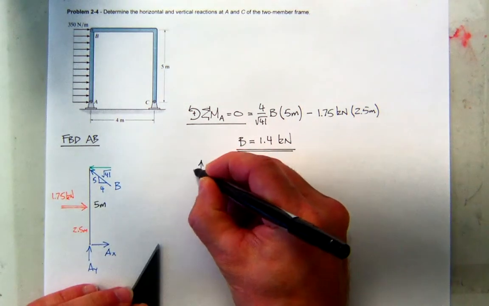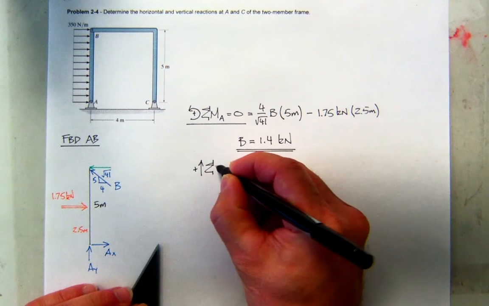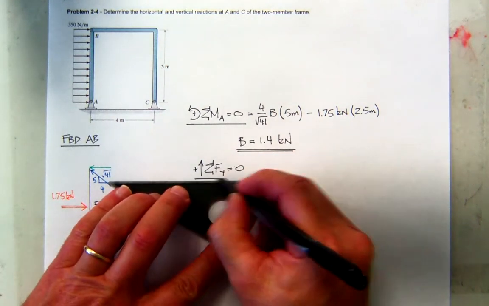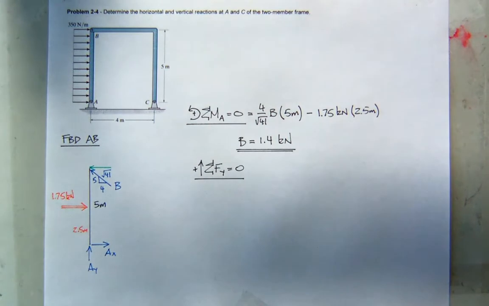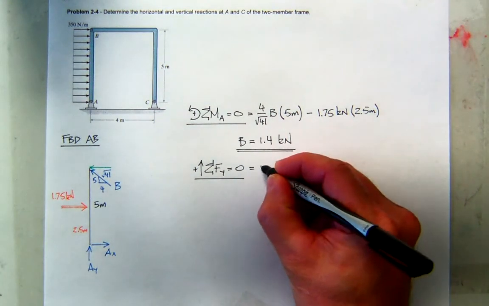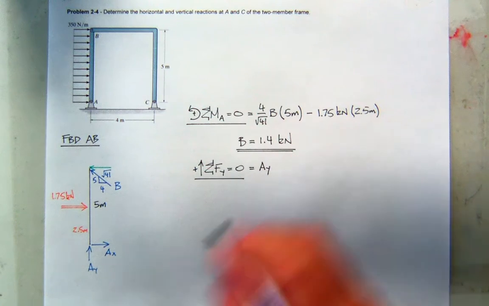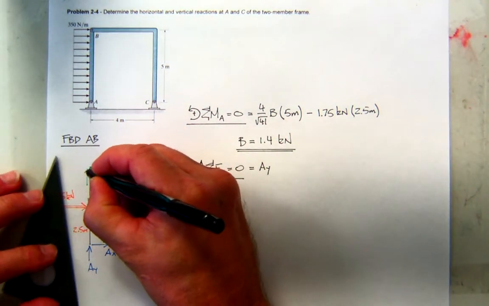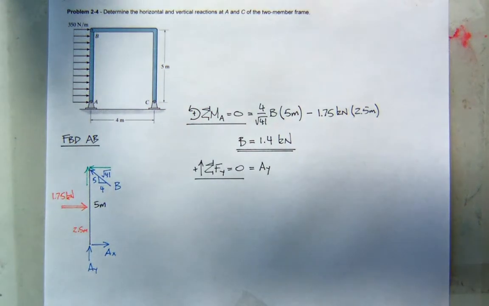So, I'm going to sum forces in the Y direction. Don't have to do this first. I could have summed forces in the X direction if I wanted to, but we'll sum forces in the Y direction. So I have AY acting up. That would be positive. Now what about the Y component of B? It's also pointing upward, right?